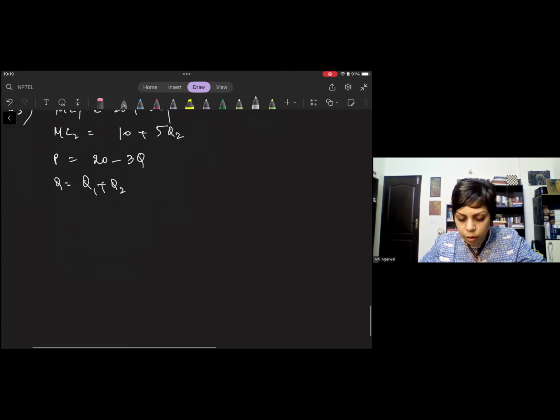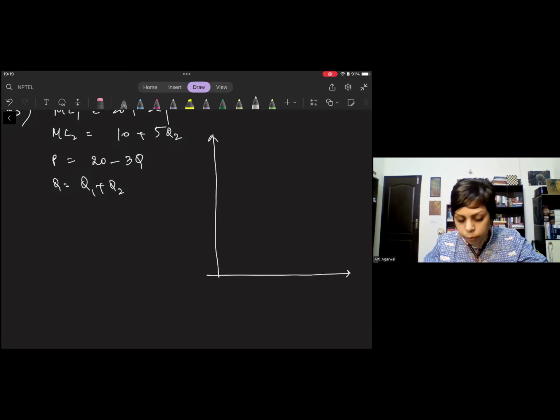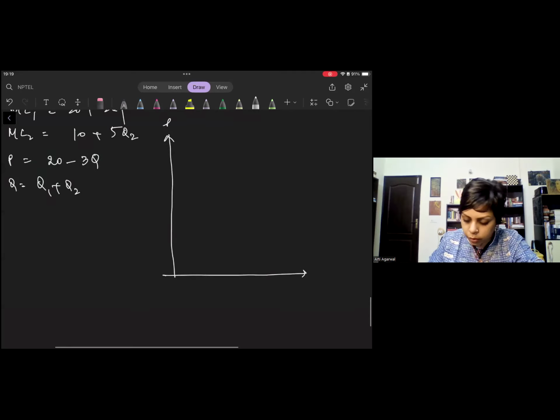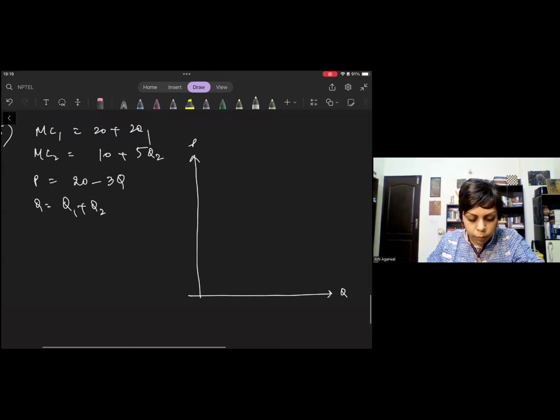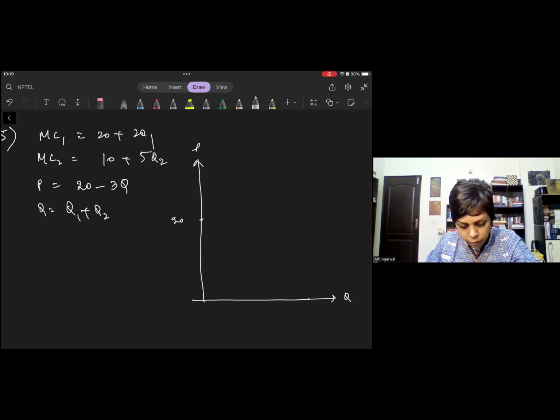Now let's draw a diagram where we plot the market demand and both the marginal cost curves. Suppose this is price and this is Q. So P is equal to 20 minus 3Q, right? Suppose this is 20 and this point is 20 by 3.